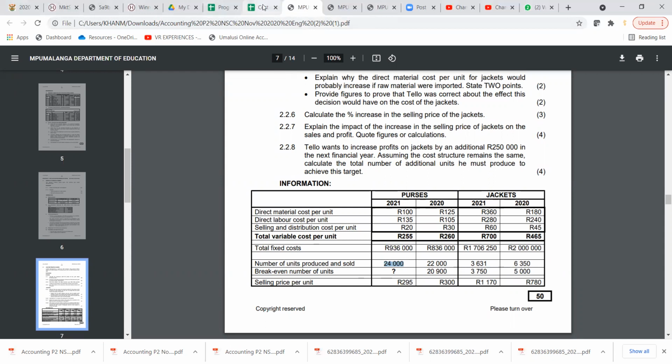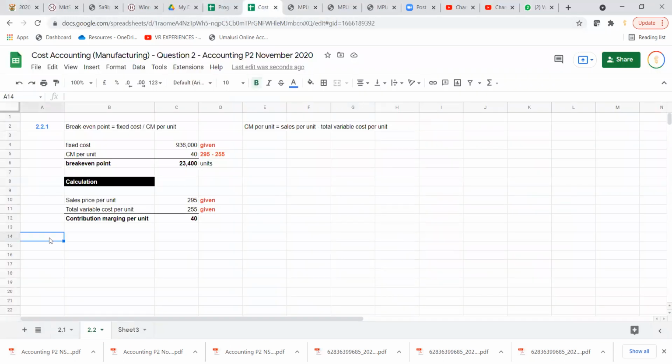Okay, so here we can just say, break-even point is 23,400 units.